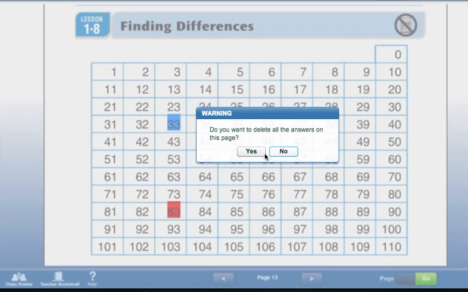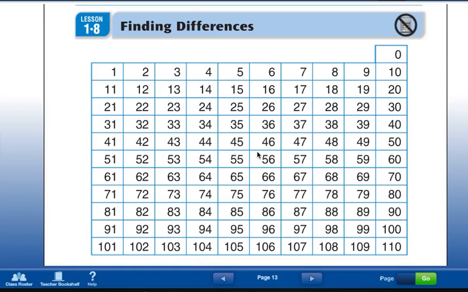I'm going to clear this off. And this time we're going to do 19, so find the number 19, and 34. I'll switch it to red. Okay? So go ahead and figure out how many spaces are between 19 and 34.